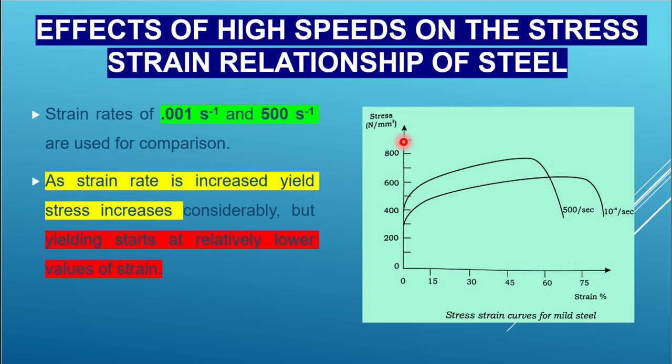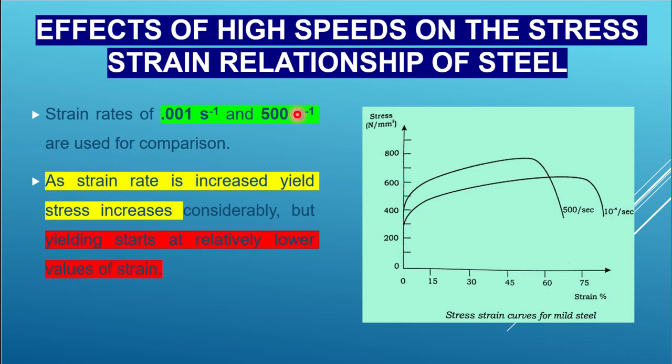Okay, first you can see this one is a stress strain curve of steel, and the experiment was done at two different strain rates. One is 1 by 1000, that is 0.001 second raised to minus 1, and the other is 500 second raised to minus 1.